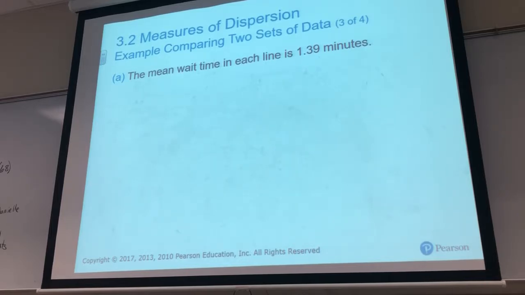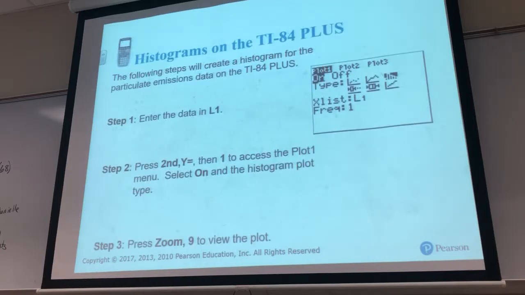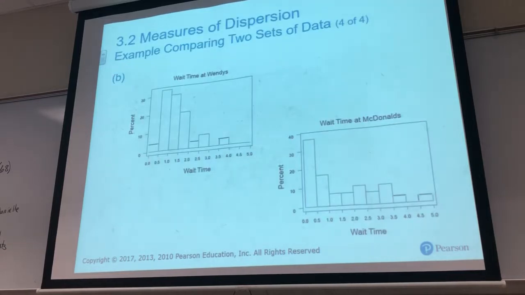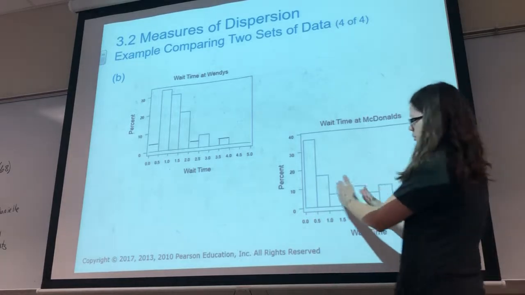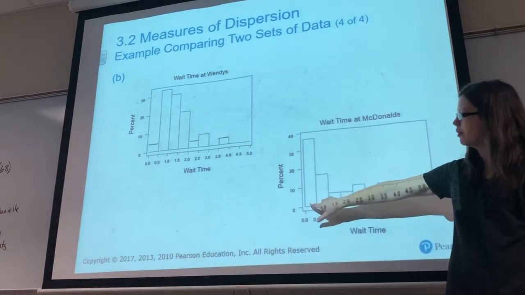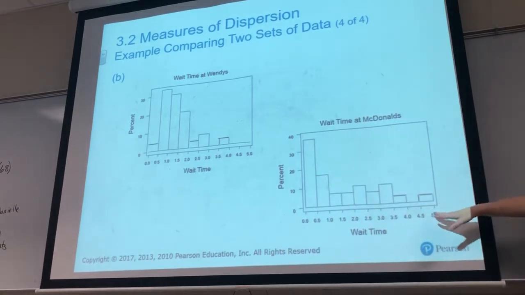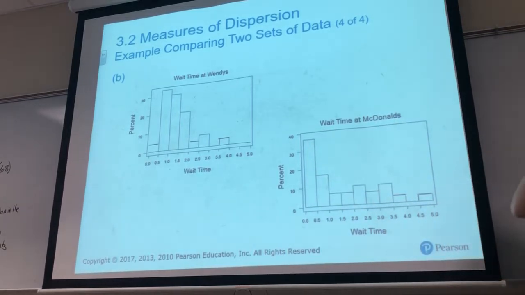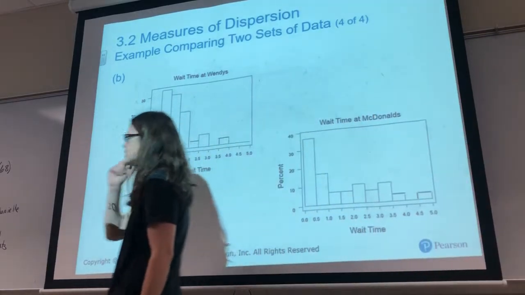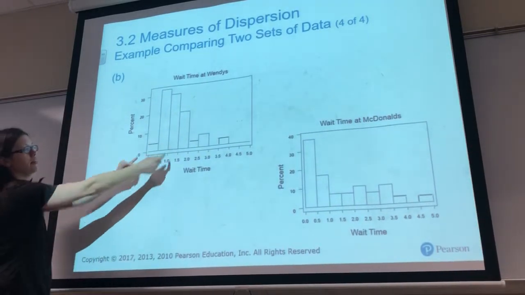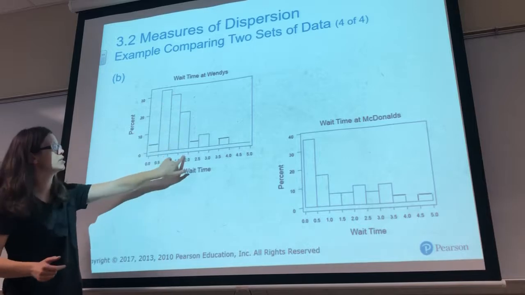The important thing is just that the mean is the same, but if you do a histogram, this one right here, they're a little more spread out. You've got a lot of people who barely had to wait at all, but then you've got some people over here who had to wait a really, really long time. If you look at Wendy's, this one is less spread out. You've got these three really tall ones right here.